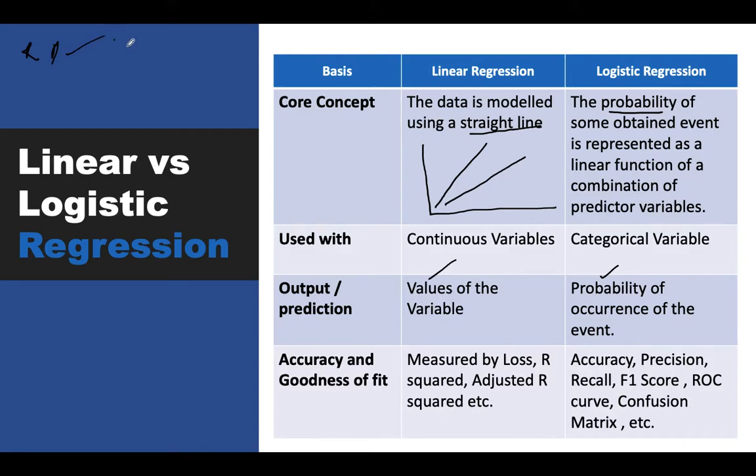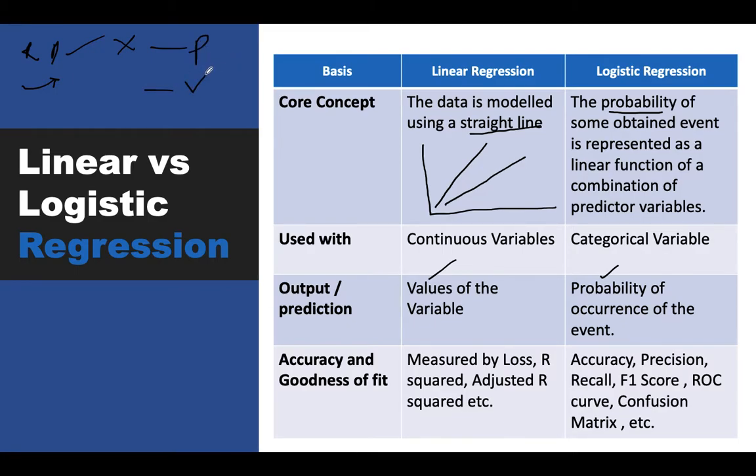Rain possible or not possible, that can be a question. In linear regression, you can ask for how many days it is going to rain. So this gives you a value, and that gives you a probability. That's it. This is the major important thing to understand here.